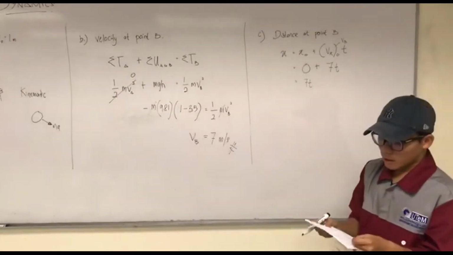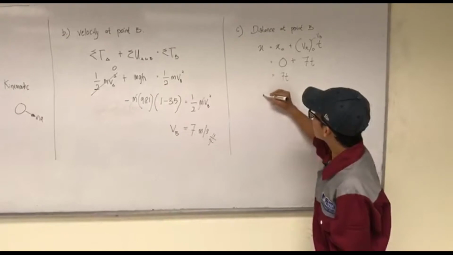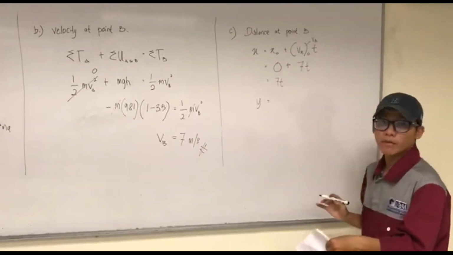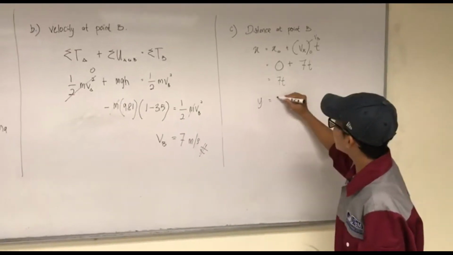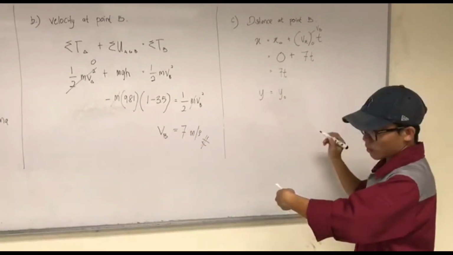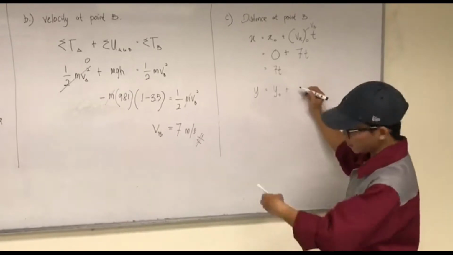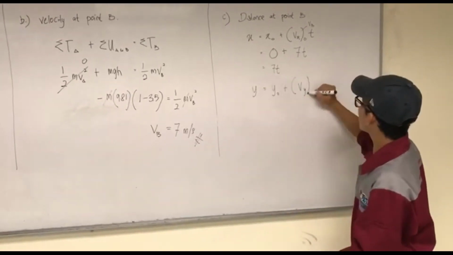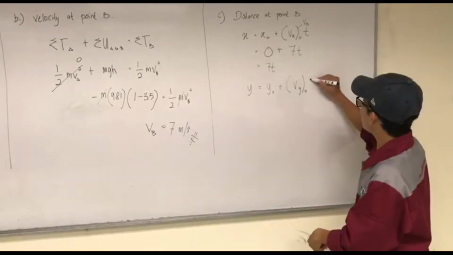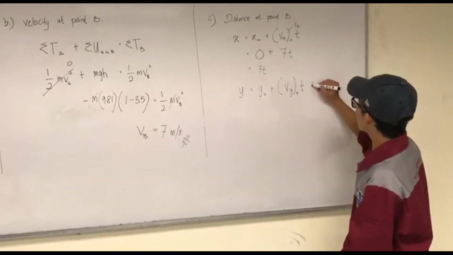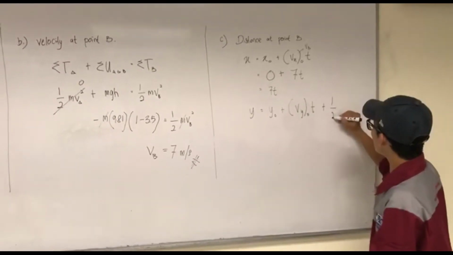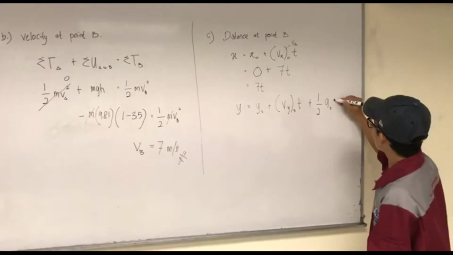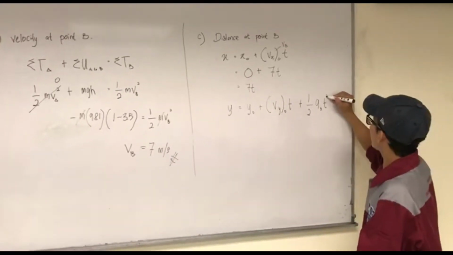So for the vertical y component, the formula is also given. The equation is y naught plus Vy naught t plus 1 over 2 a y t square.